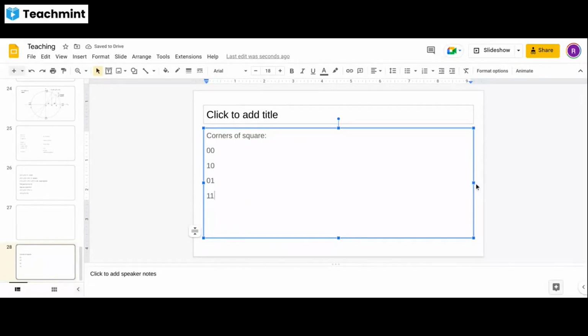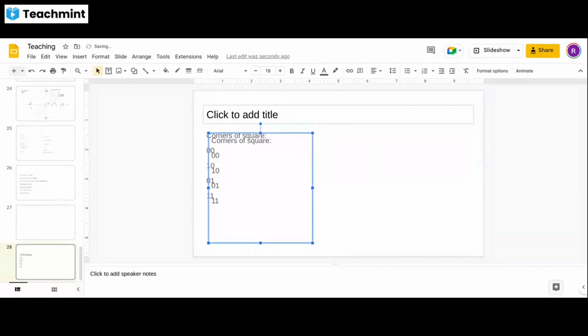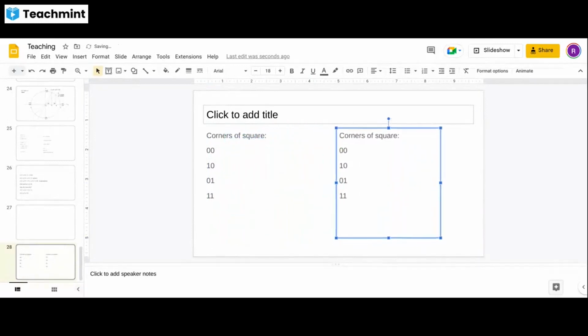Okay, this is in the xy coordinate. You have x and y coordinate. Now corners of a cube. You have x, y, and z. So what will we get? X and y have these 4 choices. For z, what should I do? 0, 1.